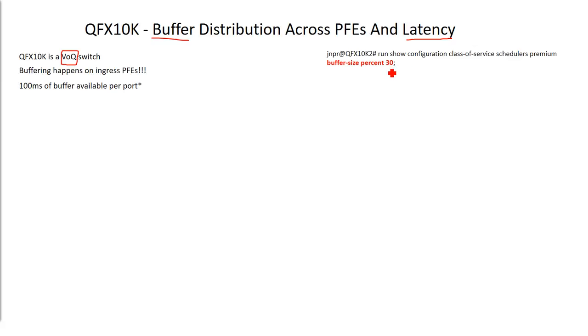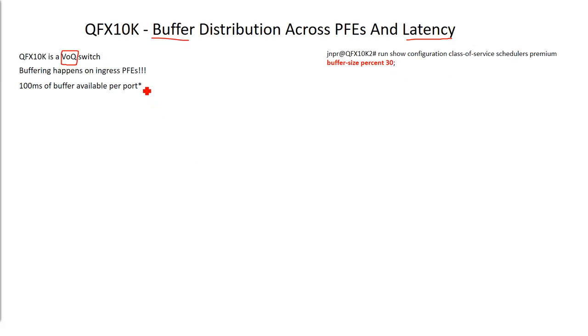That 30%, under the congestion, when only this queue has traffic, no other queues, I would expect that this 30% out of 100 milliseconds translates into a latency of 30 milliseconds. So under the congestion, when I have only one flow and only one queue and using only one packet forwarding engine, I would expect pretty much that I get 30 milliseconds of delay.